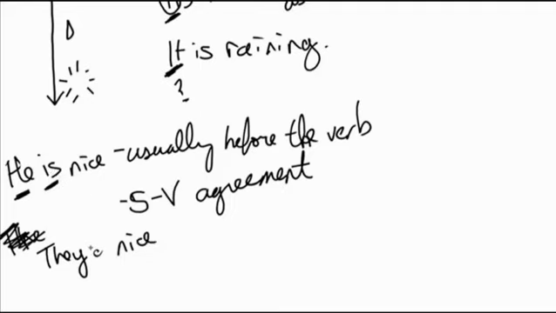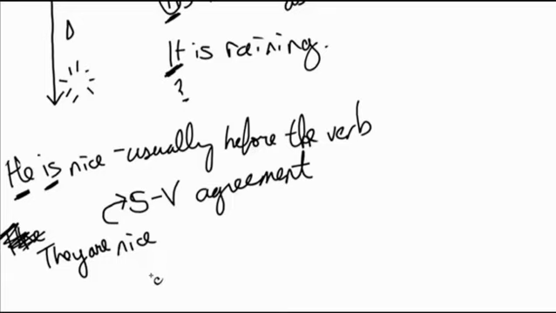It's not they is nice, it's they are nice, right? So subjects, when you change their number, cause the verb to change as well sometimes, all right? Sometimes it will end up being the same form of the verb, but the verb needs to agree with this subject. So that's another marker of a subject.